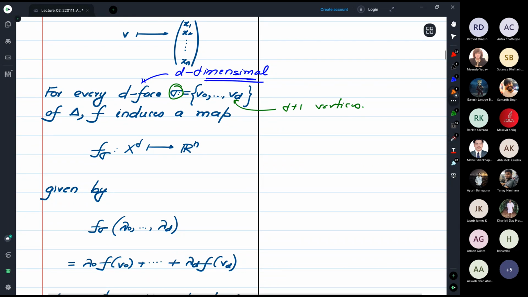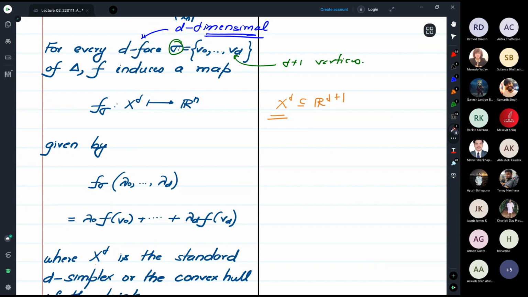Recall that xd is a subset of Rd plus 1. So any element of xd, one should be able to represent using d plus 1 coordinates. I have denoted them by lambda 0, lambda 1, all the way up till lambda d. So this is an element of xd. You take such an element and define it to be this function over here. Okay, so this is the definition.